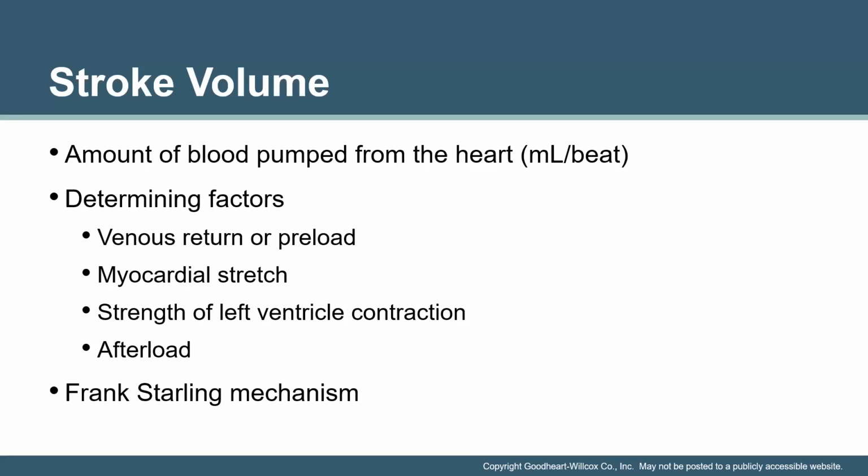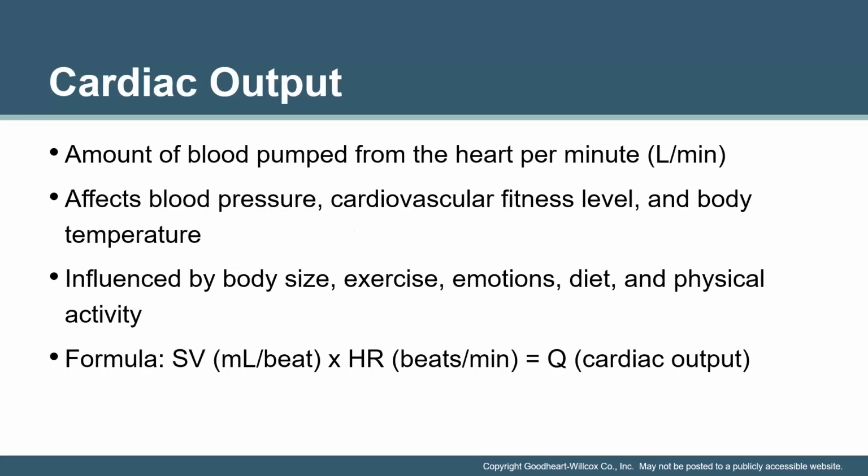So the amount of blood pumped from the heart per minute is called cardiac output. Cardiac output is important because it has an effect on blood pressure, cardiovascular fitness level, as well as body temperature. The unit of measurement for cardiac output is liters per minute.